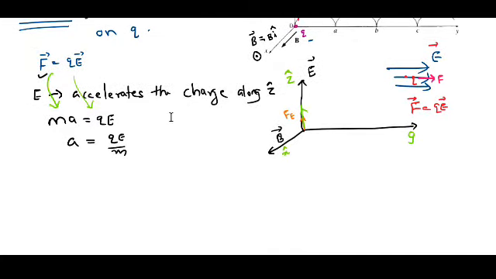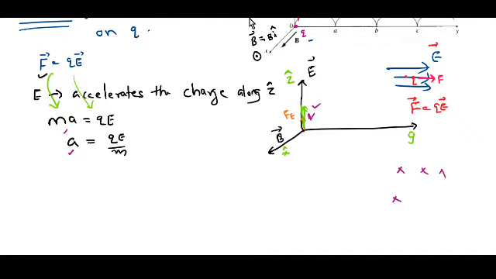Then, as soon as the charge gets a velocity in this direction, the charge now has an acceleration and thus a velocity. Acceleration is nothing but the change in velocity with respect to time. Then, when the charge gets an acceleration, it means the charge gets a velocity v.